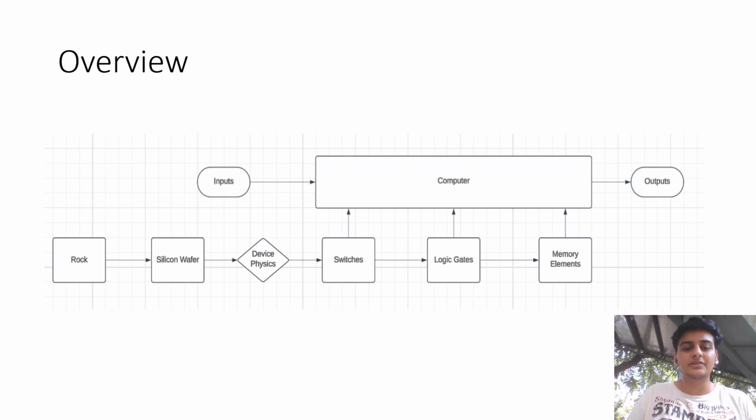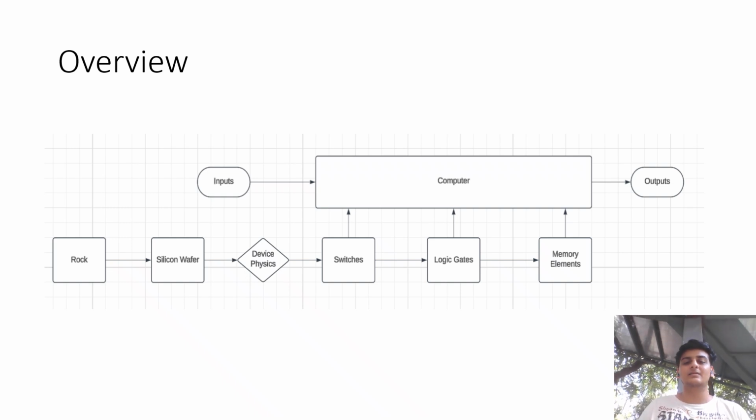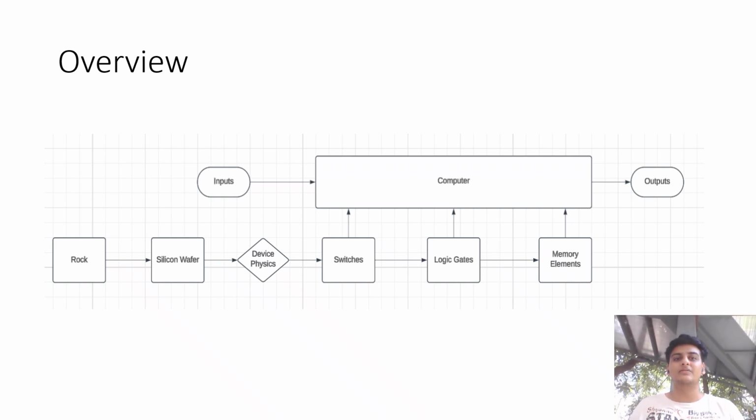The next part is what the basis of our entire course is on, which is device physics. Basically, by studying the physics of how this semiconductor operates, we try to design switches using the semiconductor material. And these switches are specifically called transistors.